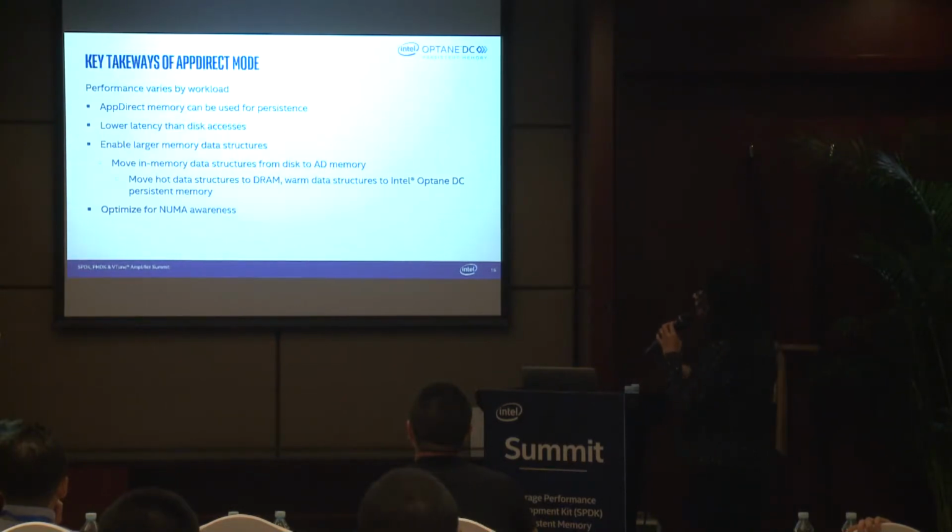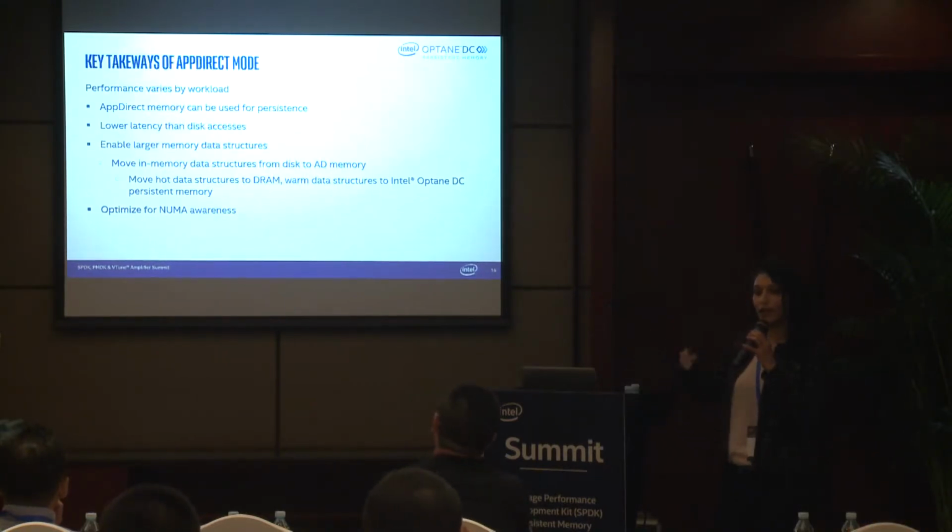It has a lower latency access time than accessing disk. It's going to be higher latency than accesses to DRAM, but lower latency than accesses to disk. So this is a nice in-between if that's what you're looking for, and it helps enable larger in-memory data structures. The recommendation is that you move your in-memory data structures from disk to your app direct memory.